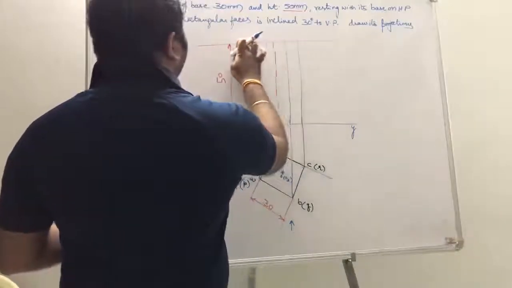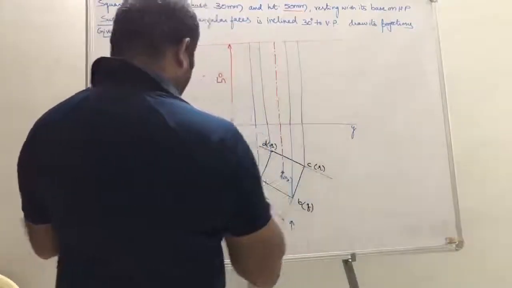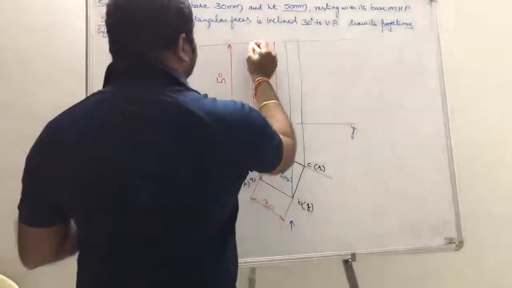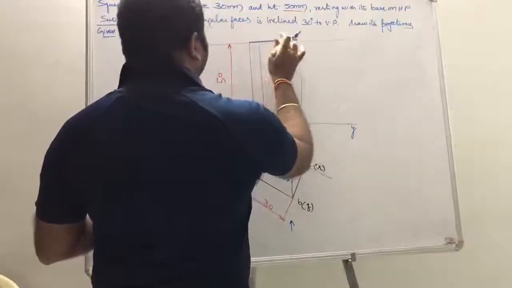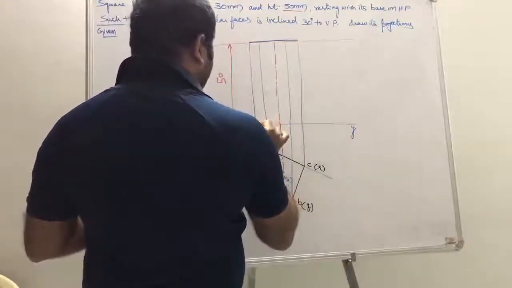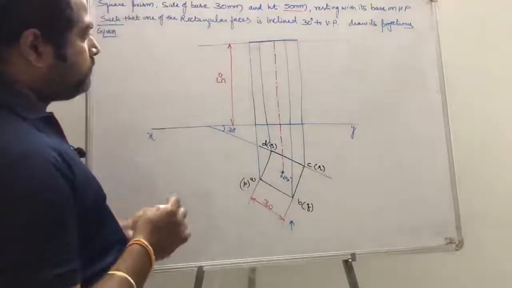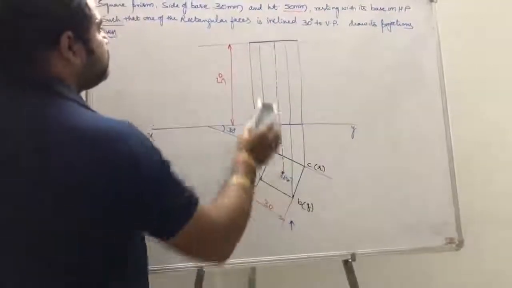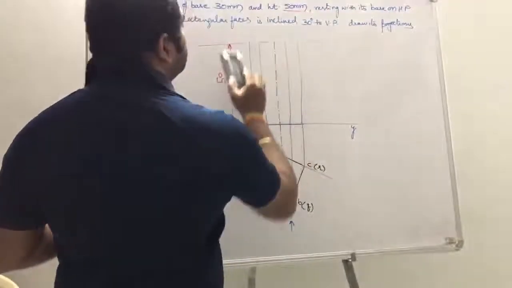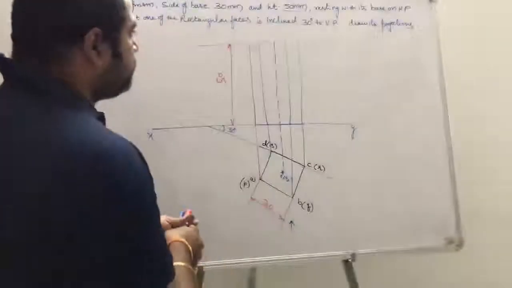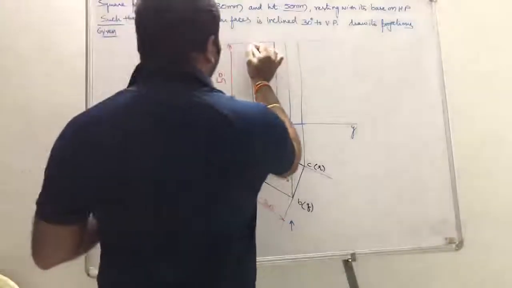Now these are the axis points. Now join all the points.